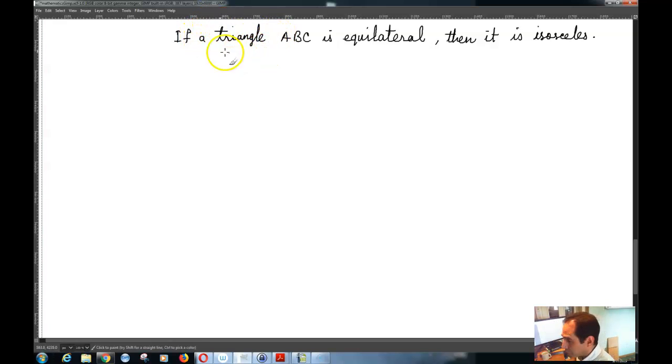So the component statements, if you think of them as P and Q, they will be: triangle ABC is equilateral, and triangle ABC is isosceles.